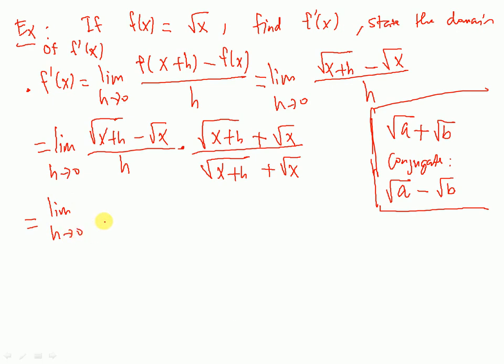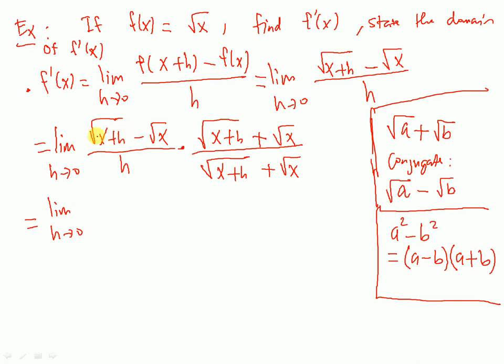And the reason we use the conjugate property is because remember the difference of squares: a squared minus b squared equals a minus b multiplied with a plus b. Now we have a minus b multiplied with a plus b, which is this property here, so we can get them back to a squared minus b squared, right?